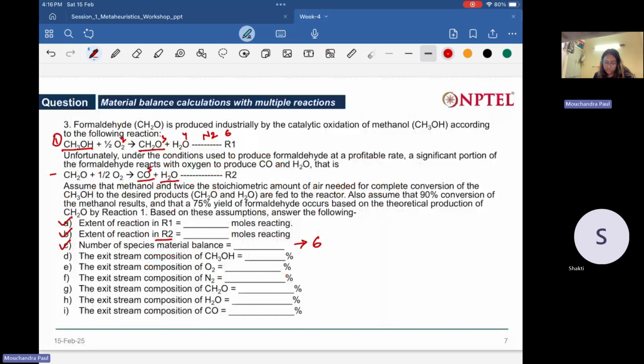If you see the expressions for the reactions that are given, for methanol the stoichiometric coefficient is -1, for oxygen it is -half, for formaldehyde it is 1, and for water it is 1, all right?